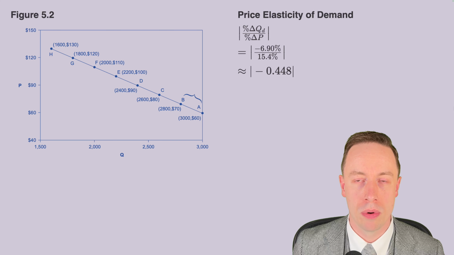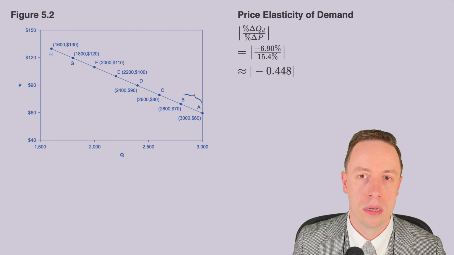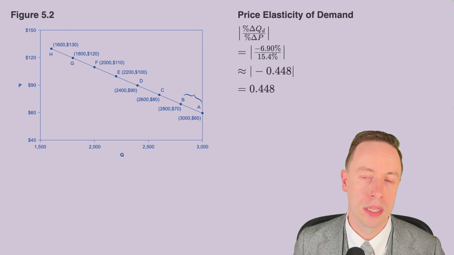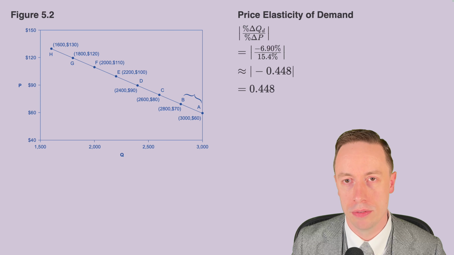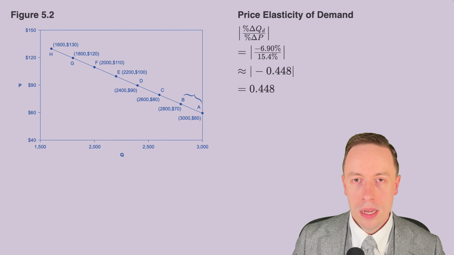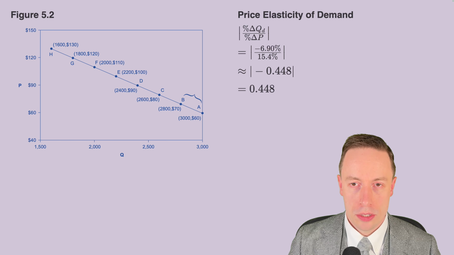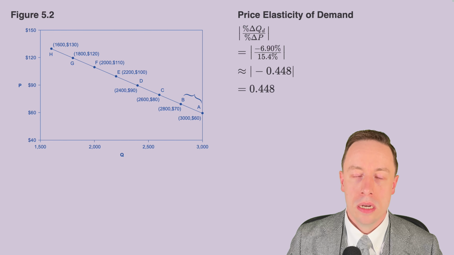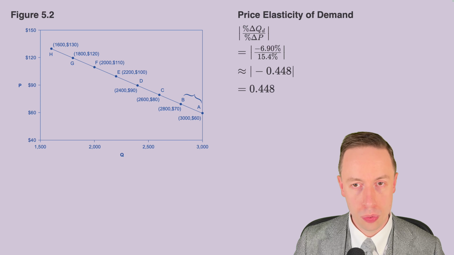So when we report our results, it's going to be 0.448, no units, and then take off that negative sign. We're going to report it as a positive number. So that's our first example of a price elasticity of demand. In a future lecture, we're going to have a look at what we can actually do with that.